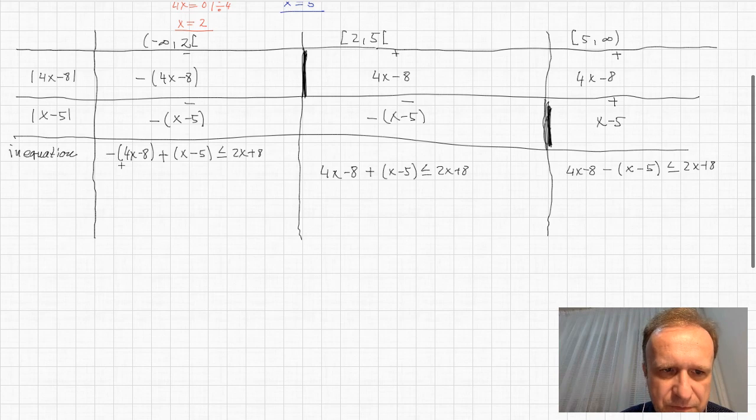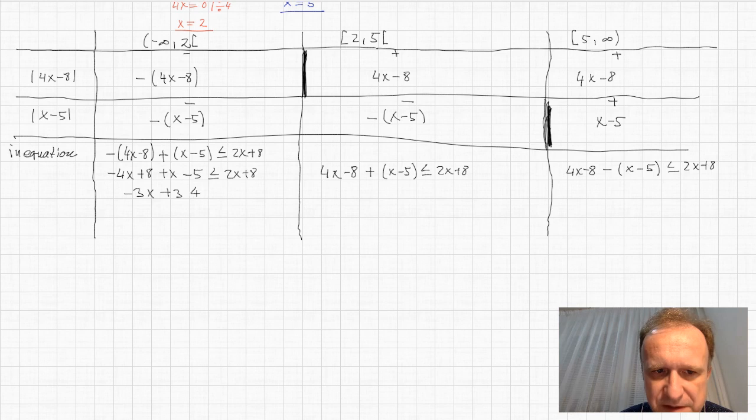So let us do it for the first interval. I first remove the brackets, so I get minus 4x plus 8 plus x minus 5 is less than or equal to 2x plus 8. Let me continue. Minus 4x plus x is minus 3x. 8 minus 5 is just 3, is less than or equal to 2x plus 8.